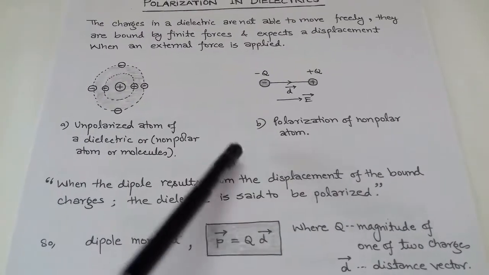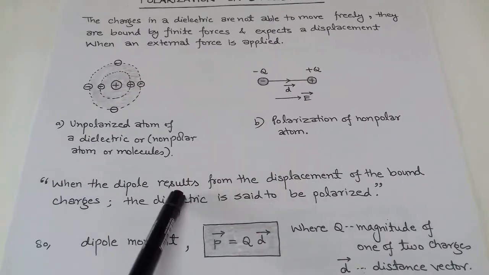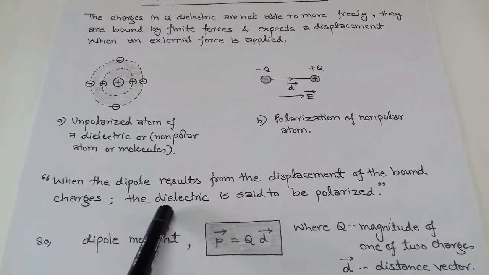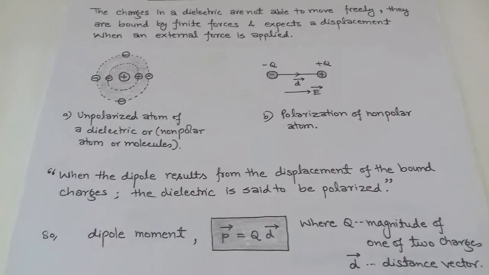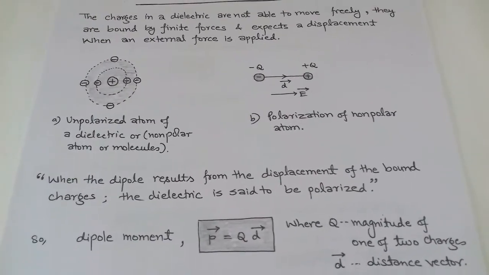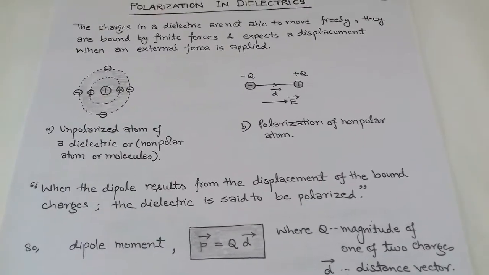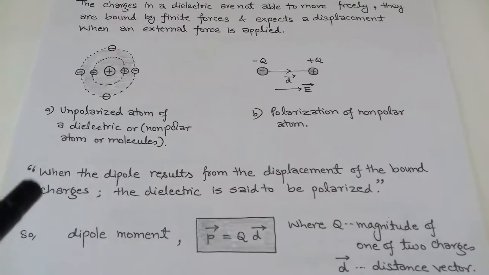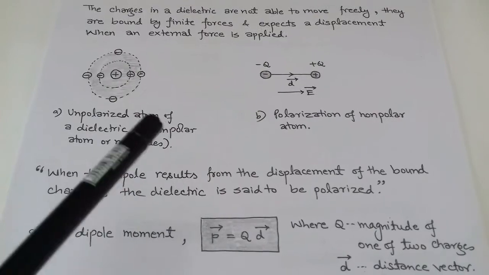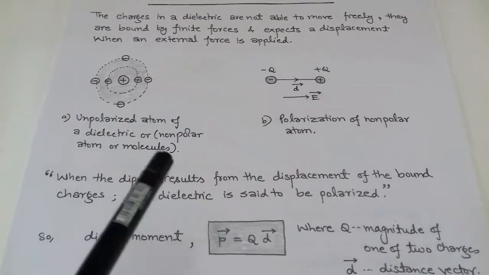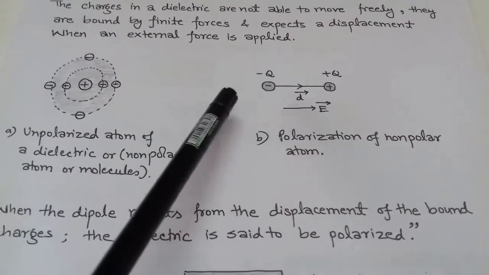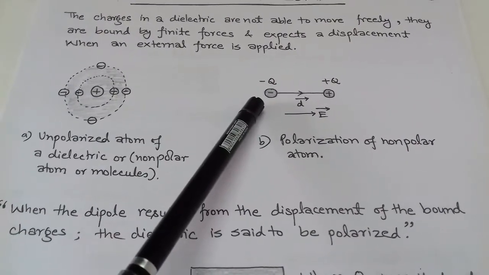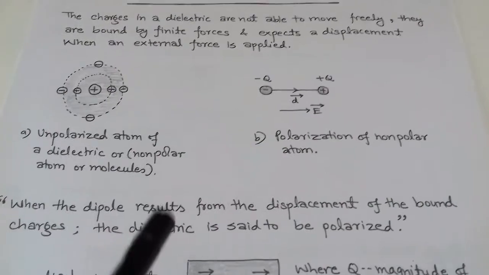Now due to the influence of electric field E, that bound atom or unpolarized atom gets polarized. That means the negative electrons are attracted toward the positive source of the electric field, and the nucleus is repelled by that positive source of electric field, and it makes a dipole.